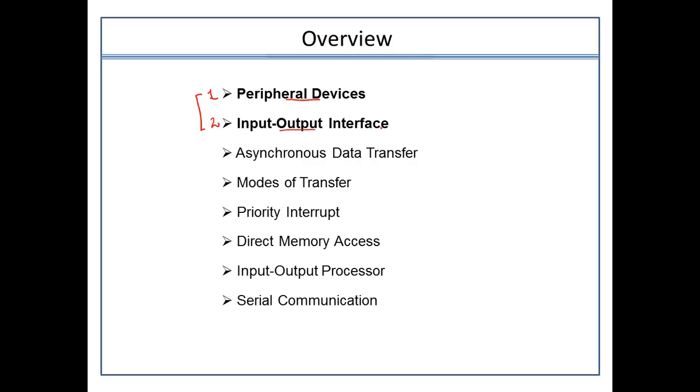In this chapter, we are going to discuss what these peripheral devices are, and how the communication between the peripheral devices is done, or how your machine is able to understand the inputs from these peripheral devices. And then after this we will learn about what this input output interface is, and its significance.